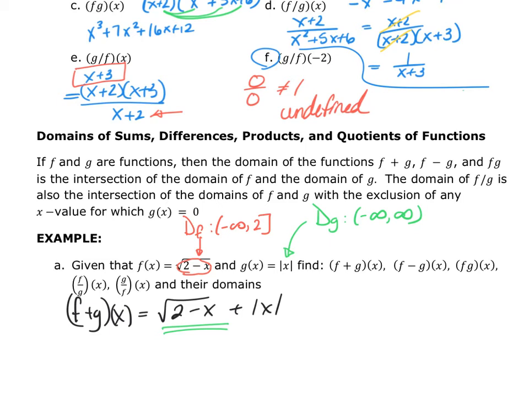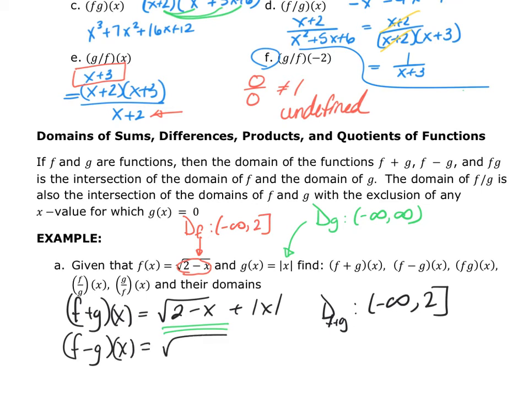That's the part I care about. It's going to dominate everything else. So the domain for f plus g is going to be the dominant one's domain. Because I can put anything into the absolute value. The same thing is going to be true when I do the subtraction.